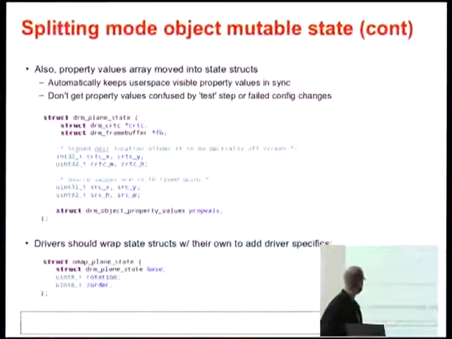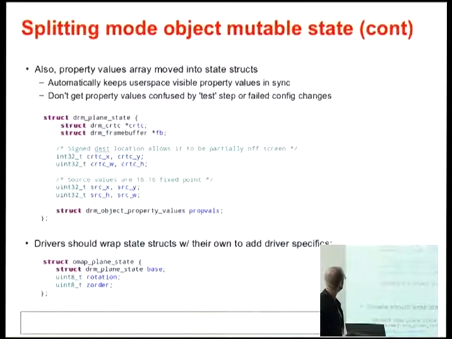So the way this is intended to work, this is what I was saying before. Stuff like the CRTC positions and the source positions for a plane are split out into the state structure. The other thing that moves into the state structure is the property values.